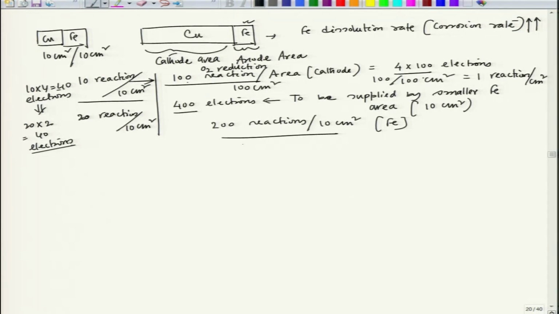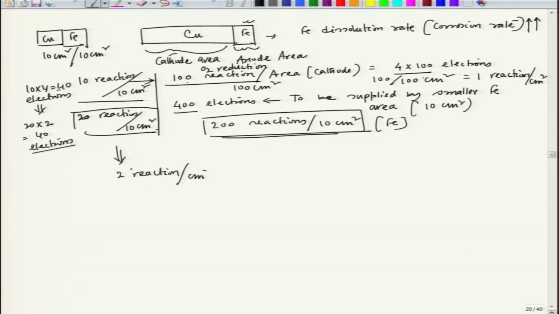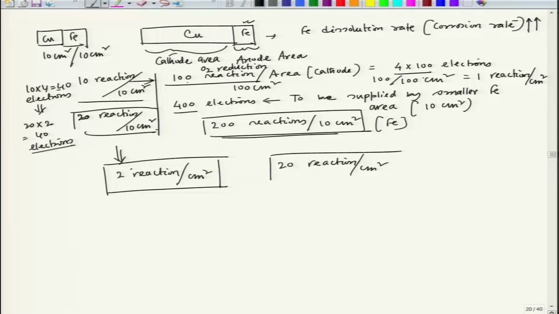So, we could see that if we compare this amount and this amount, here we have 2 reactions per centimeter square, and here it is 20 reactions per centimeter square. So, for iron, if we compare those 2 situations, in this case a greater number of electrons need to be taken out.